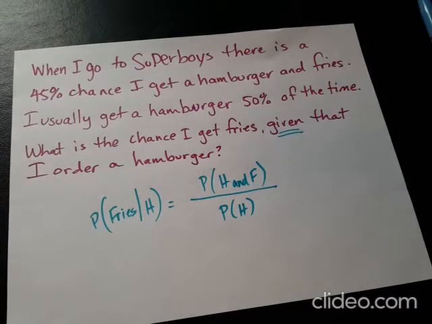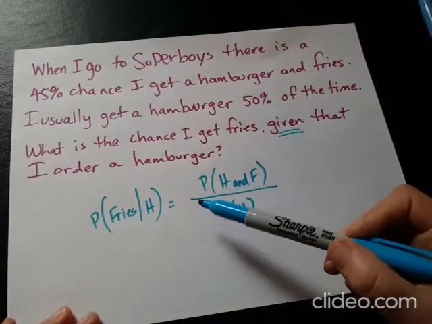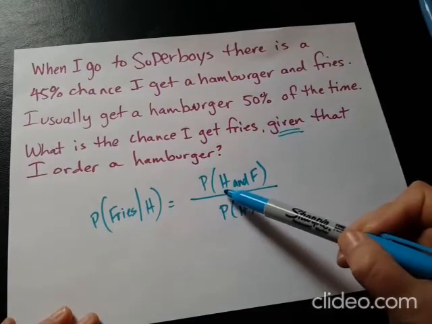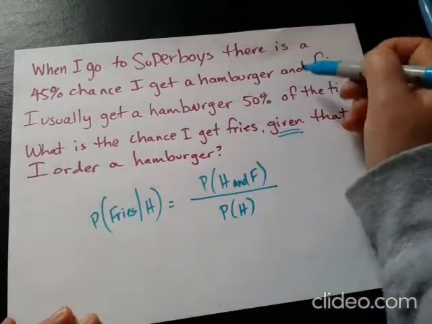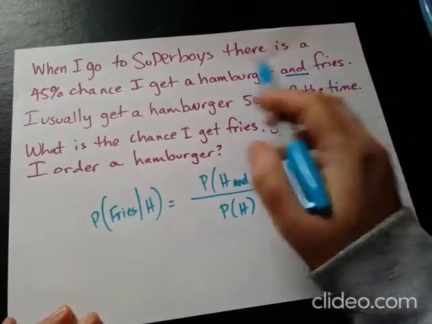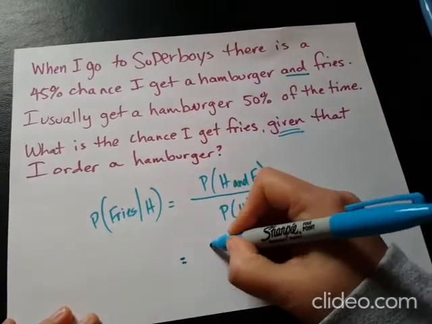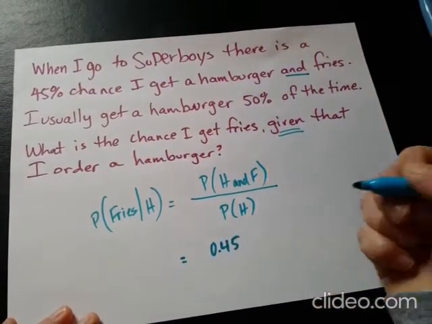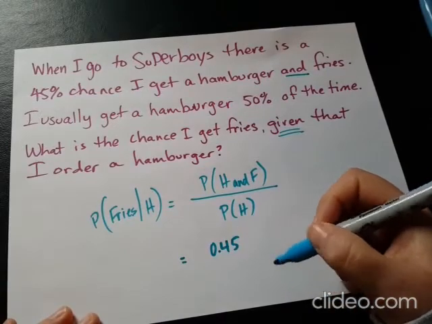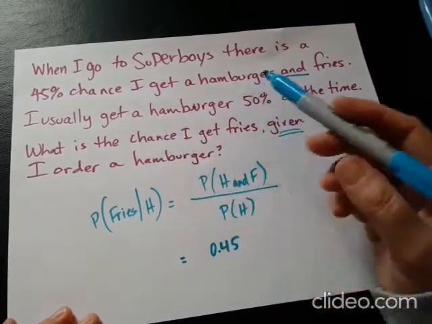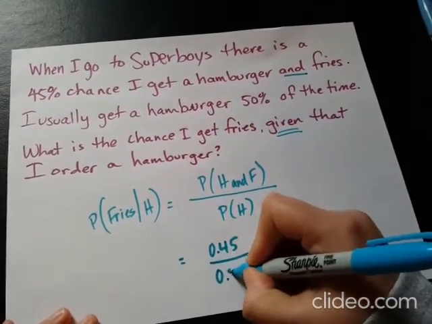So looking at the question, we're just going to take a look through. Do we have the chance of getting a hamburger and fries? So here we see the word and, hamburger and fries. So we could put 45% on top, and you want to be showing that as a decimal. And the chance of getting a hamburger is at the bottom.